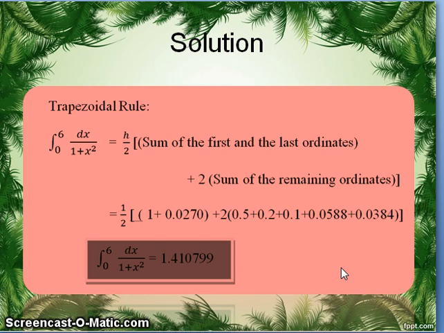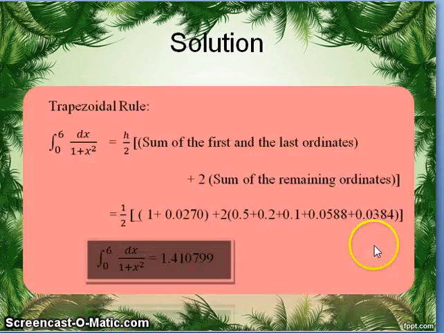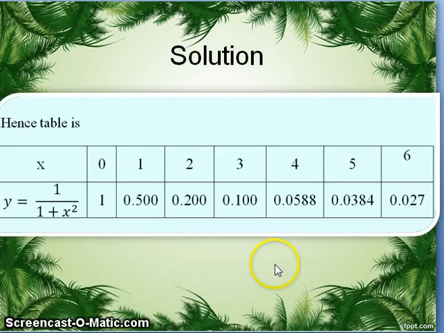Here the h value is found to be 1, so 1 divided by 2 sum of the first and the last ordinates. First and the last ordinates of y column is 1 and 0.027. So the first term will become 0.27 plus 2 into sum of the remaining ordinates. Remaining ordinates in the y column is 0.5 and 0.2, 0.1, 0.05 and 0.038.